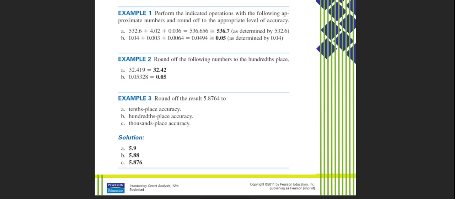If I add all these together, it will be the number. But if I want to do the approximate, I will do it usually with one digit after the point, and this number is close to 7. So usually you will round this one, then this one, and then this one.